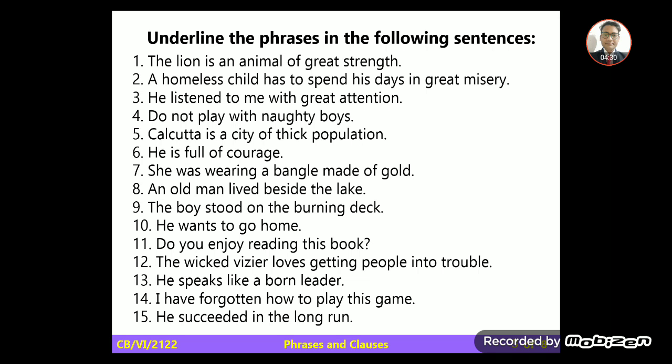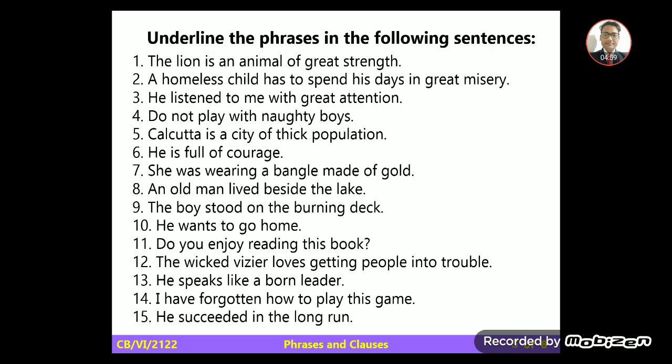In another sentence, he listened to me with great attention. Here, what are the extra words? Those extra words are phrases: with great attention. So, these are phrases. Now, let's see another one. Do not play with naughty boys. In this, with naughty boys, that is a phrase.